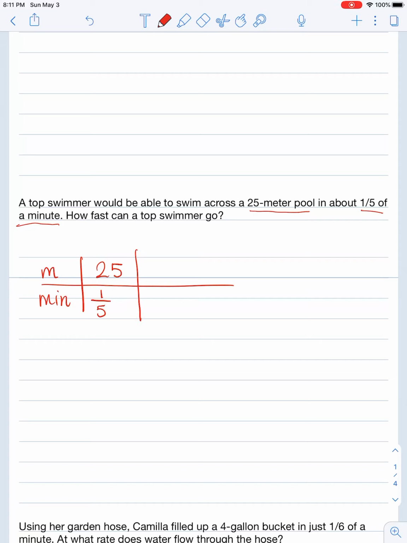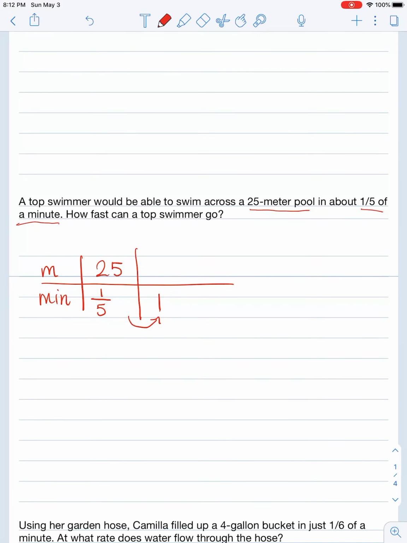Well, in order to get a speed or a unit rate, my second quantity, or the minutes, has to be 1. So, what do I have to do to 1/5 to get 1? Well, I have to multiply that by 5, right? Because 5/5 is equal to 1 whole. Have to do the same thing up here because there's nothing different about this other than the fact that we're dealing with a fraction. 25 times 5 is 125.